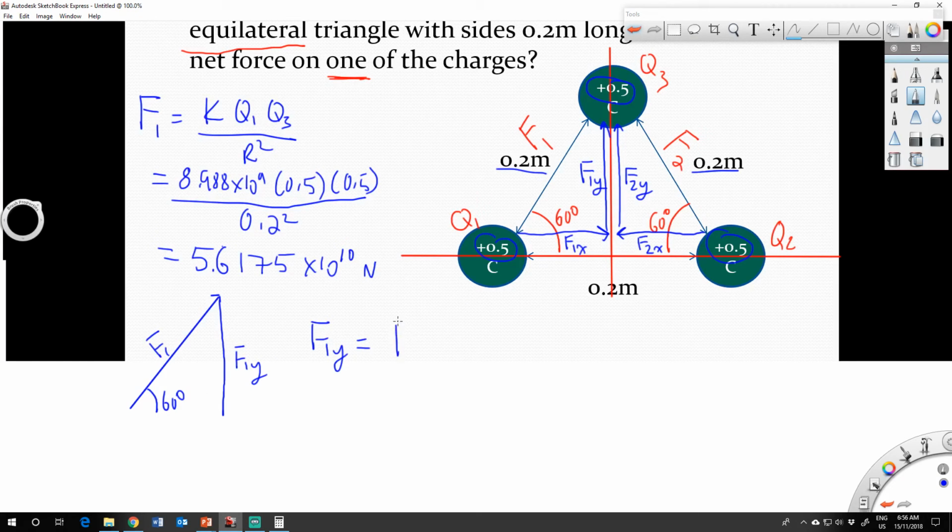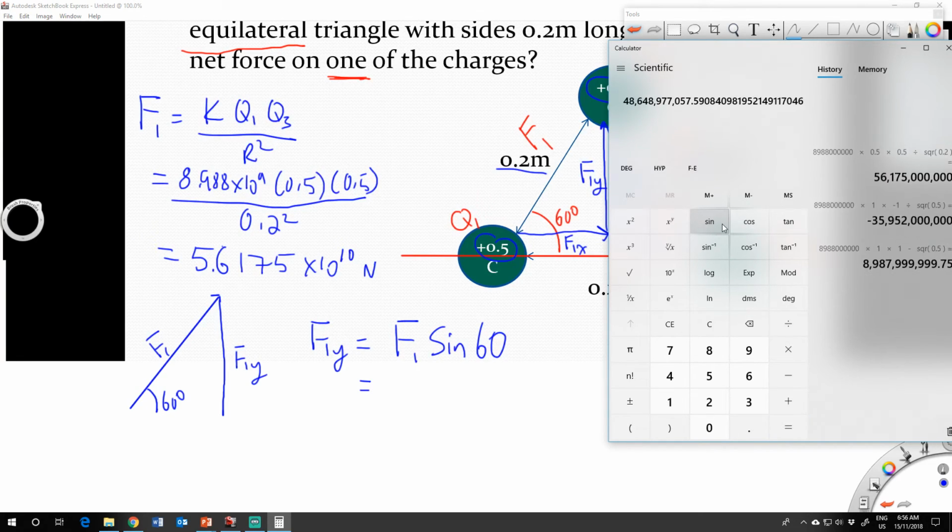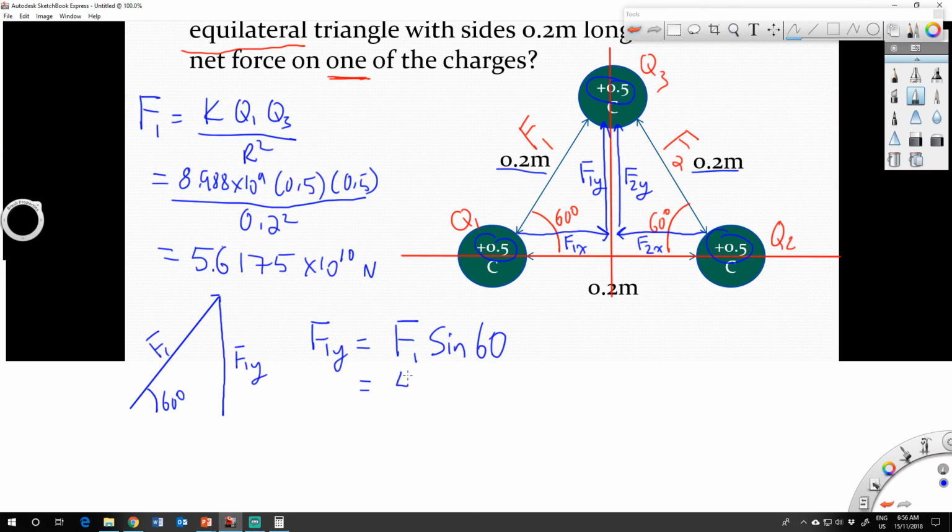So this will be F1 times sine 60. I'll take our answer and multiply this by sine 60, and we get an answer that's not as big, about 4.86 times 10 to the 10 newtons going up, or I guess north.